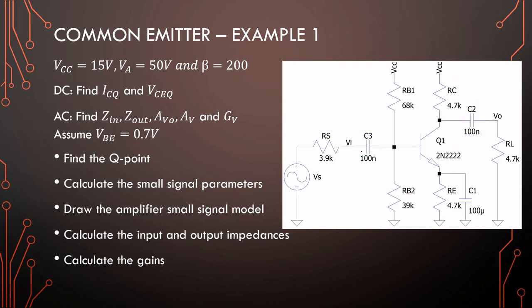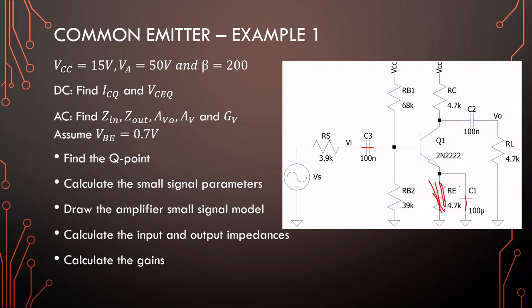And then with a small signal, these capacitors will become short circuits. Right, so that will be a short, this will be a short, and if this capacitor is a short, that resistor will not be in the small signal model because it's in parallel with a short, and we will take the path of least resistance for the AC signal.